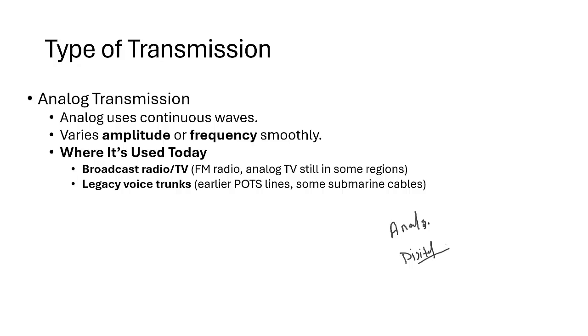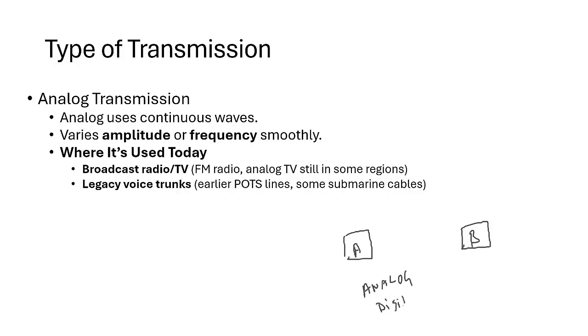The signals can travel through two types of media, wired media and wireless media. Let me repeat again. When computer A sends data to B, there are two types of nature of signals we have. One is called analog, and one is called digital.